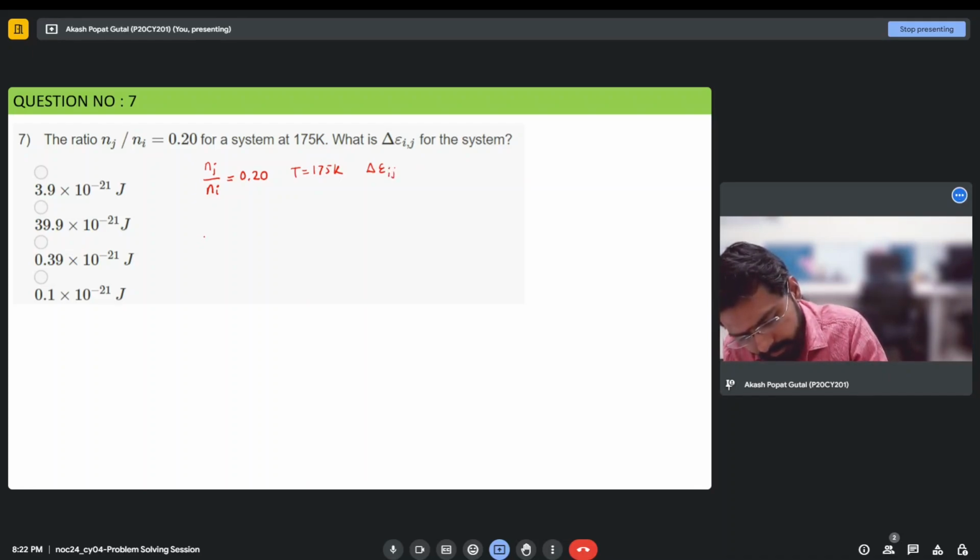We know the same formula is useful here. Nj by Ni is equal to e raised to minus epsilon j by kBT over e raised to minus epsilon i by kBT, which will always give you e raised to epsilon i minus epsilon j by kBT.